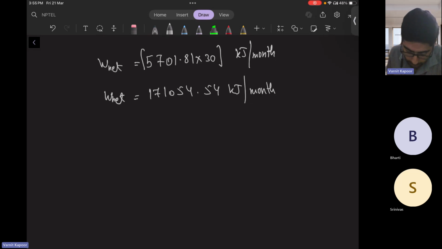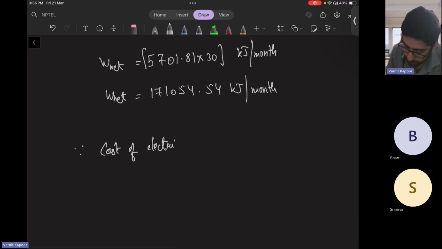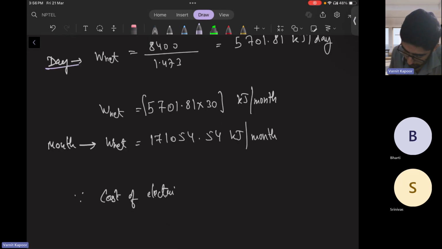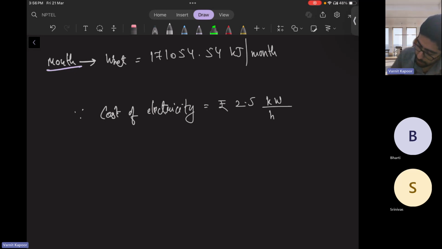Now, it is said that the cost is rupees 2.5 per kilowatt hour. The cost of electricity is for a day and for a month.